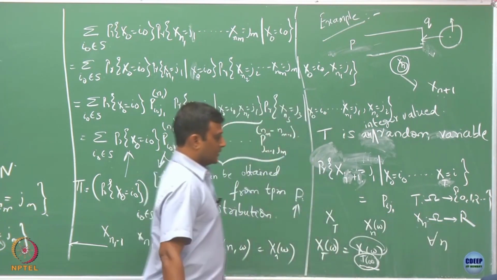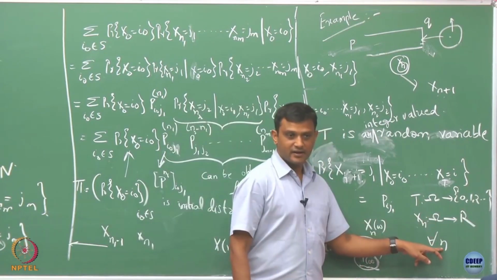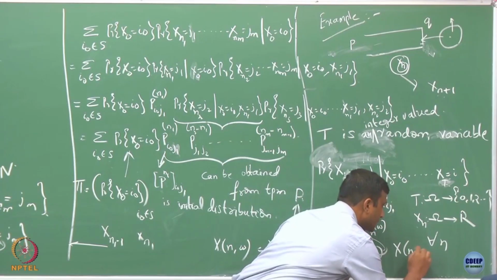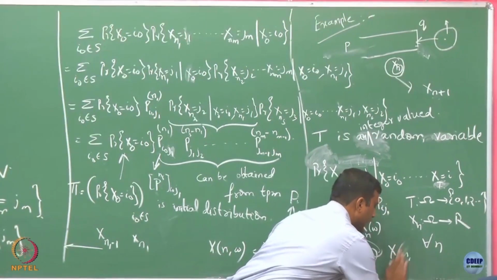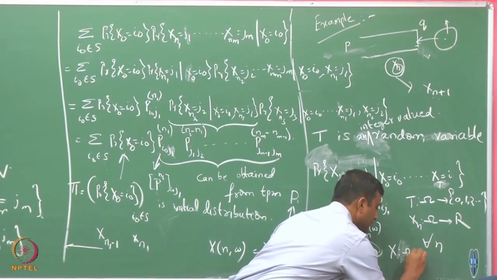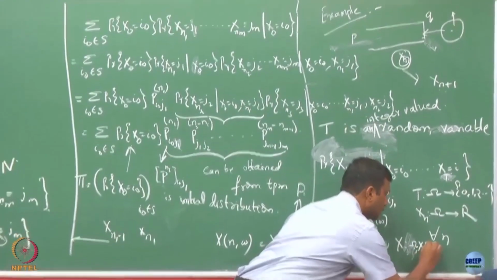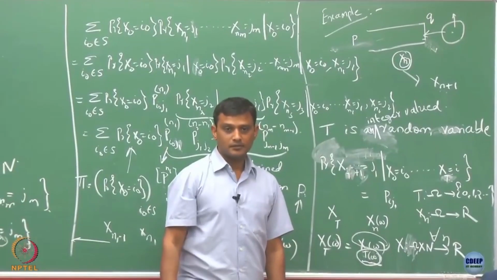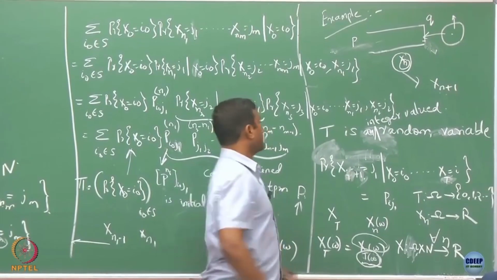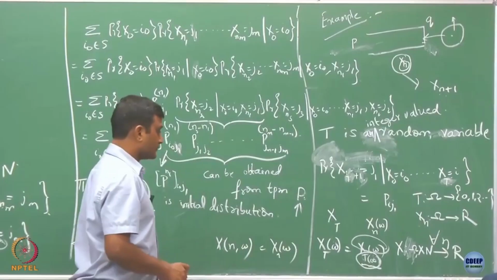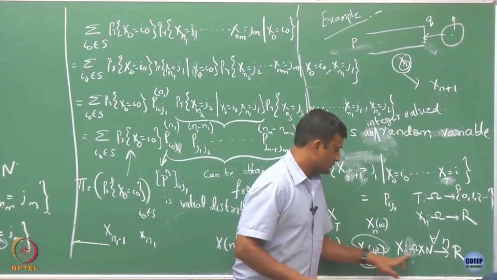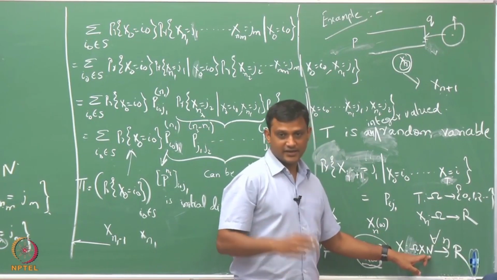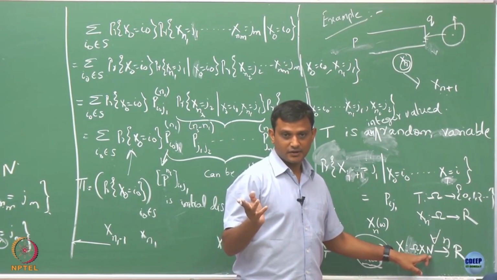So, instead of fixing n, I can just make it a joint one. Here n belongs to capital N, the set of natural numbers.